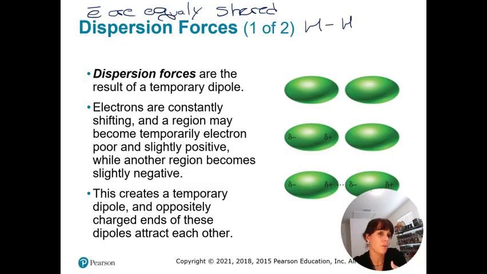If you have a hydrogen molecule, this hydrogen and this hydrogen have the same electronegativity. They are the same, so this hydrogen will not attract more than this hydrogen. So the electrons will be equally shared, and will not be more on this hydrogen or on that one, because they have the same force.